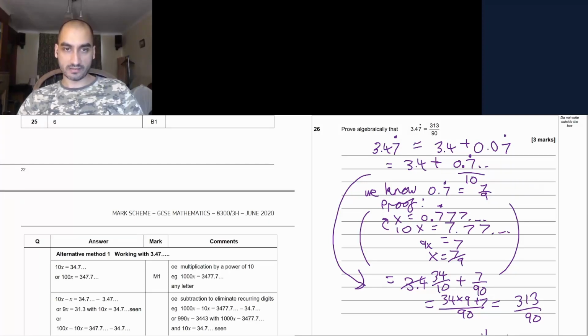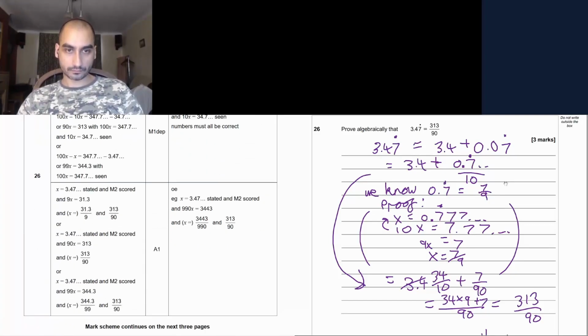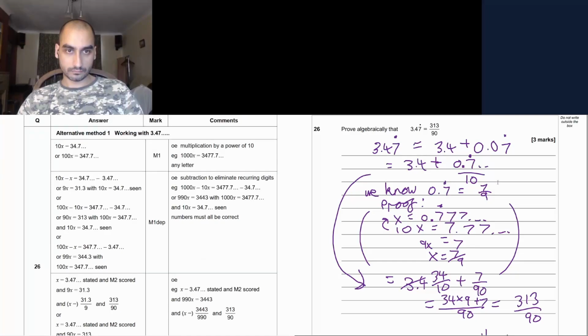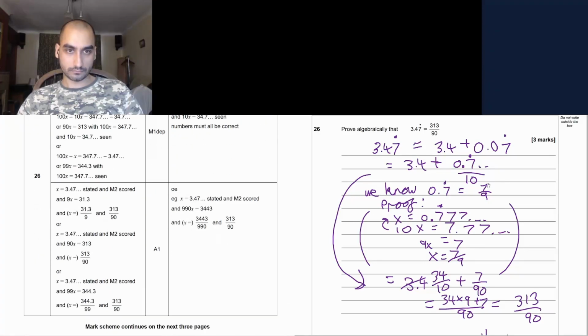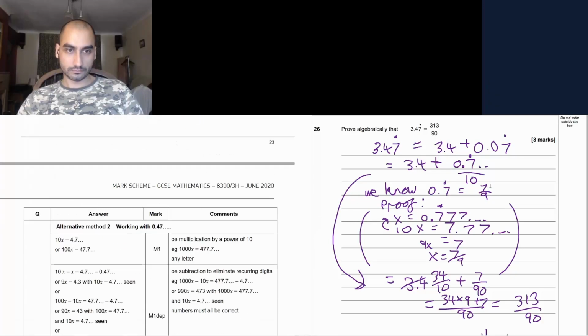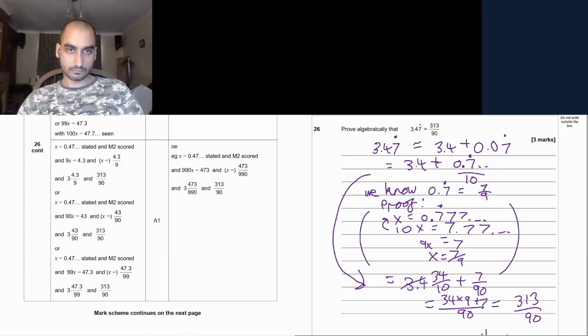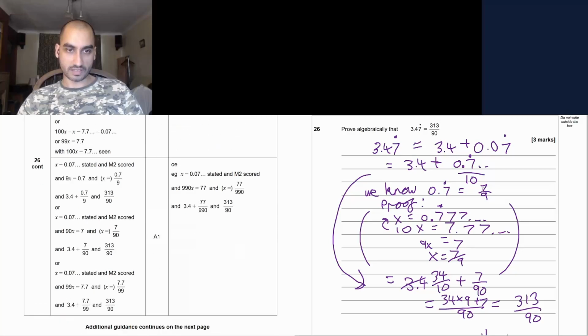Prove algebraically. Man, there's so many different... Ah, here we are.